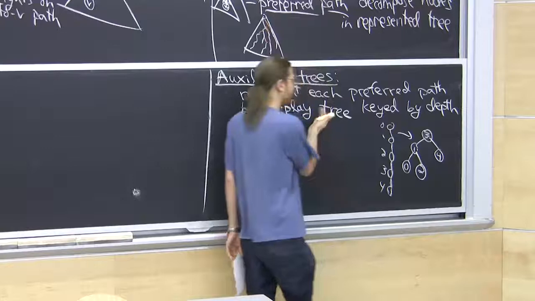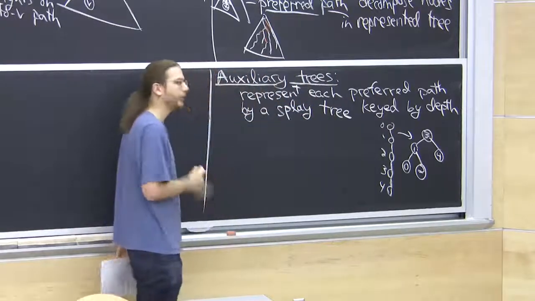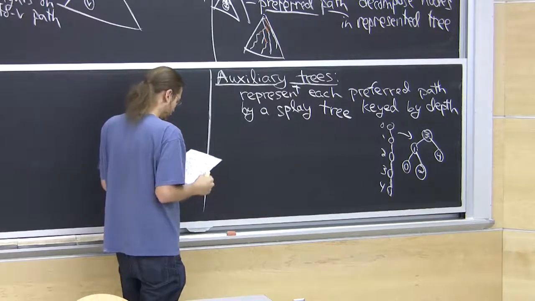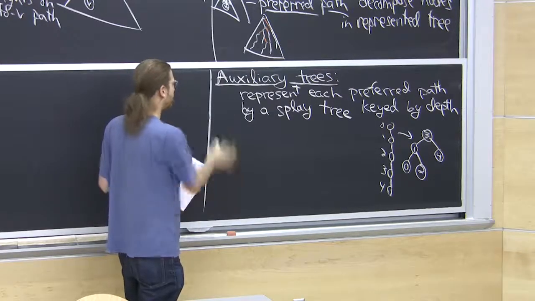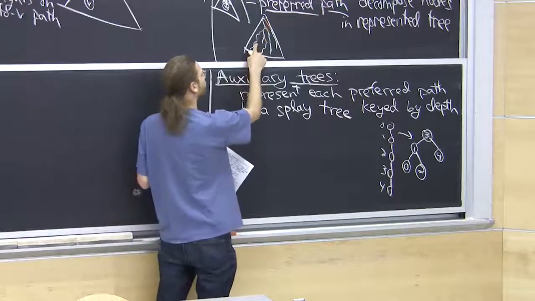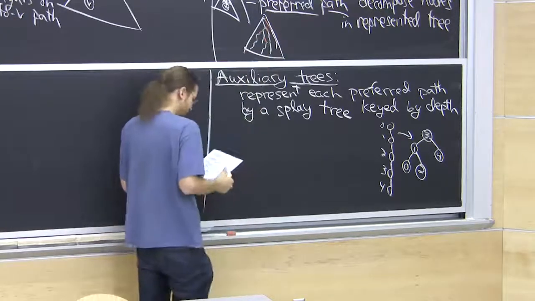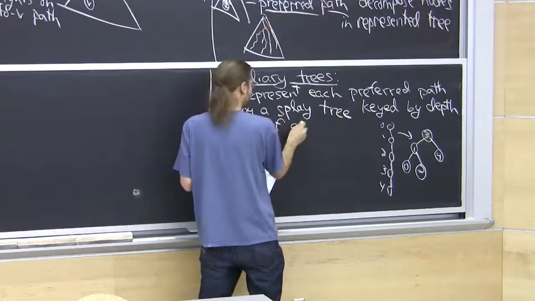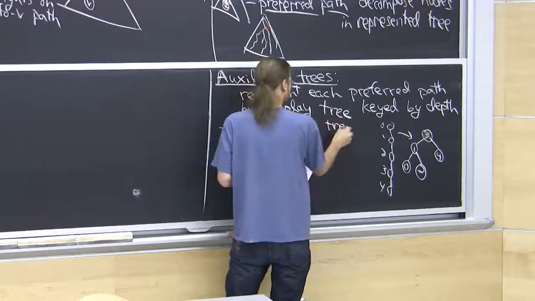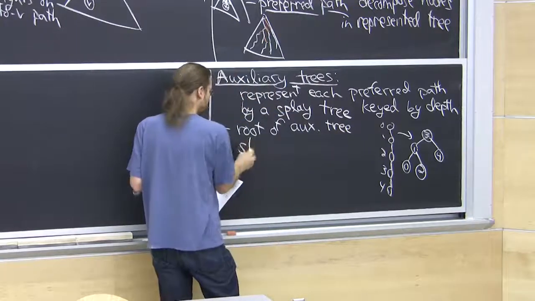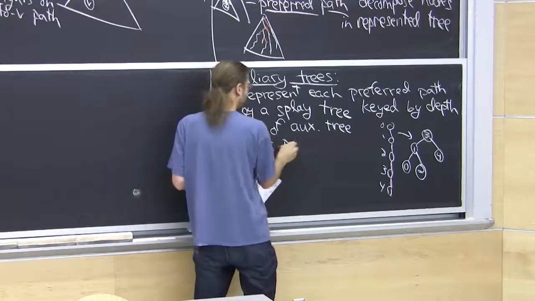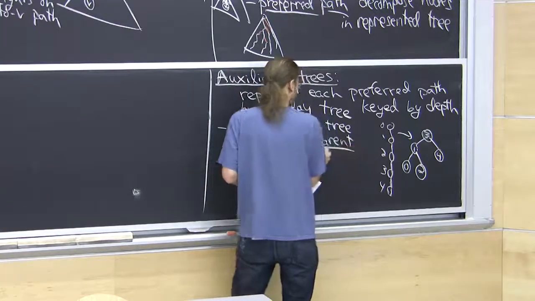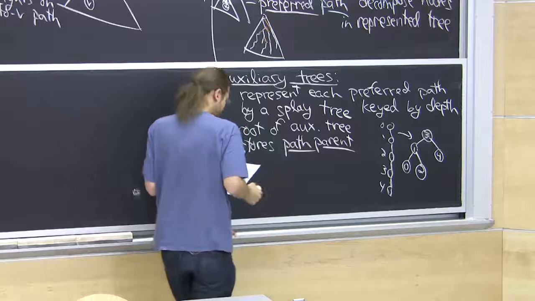Now it's a splay tree, so it's not guaranteed to be balanced at any moment, but amortized, it's going to have log-n performance per operation. Okay, and this is representing each of these white paths, but then we also need the red pointers. So what we're going to do is say the root of each aux tree, I'll abbreviate auxiliary tree, stores what I'll call the path parent, which are these red pointers.